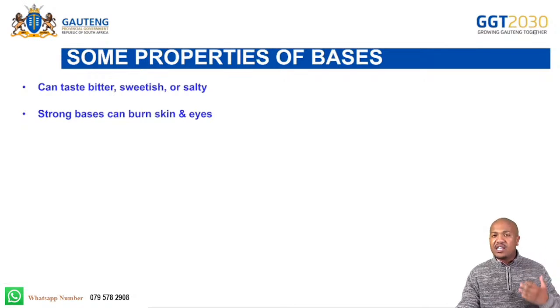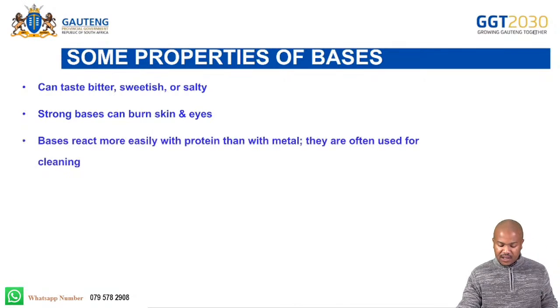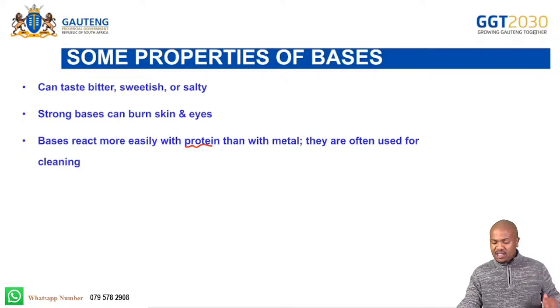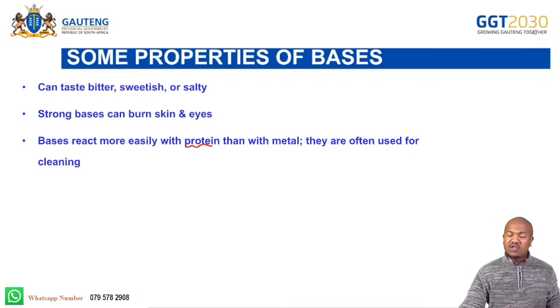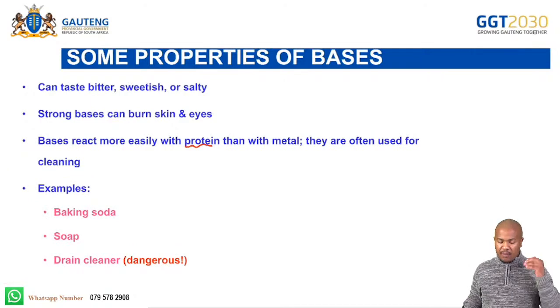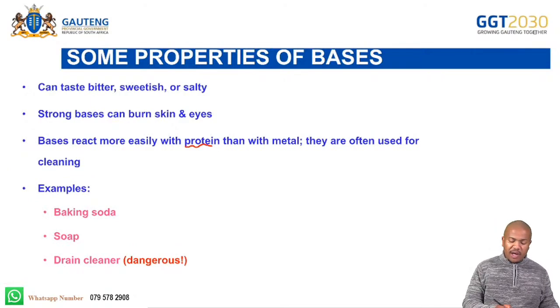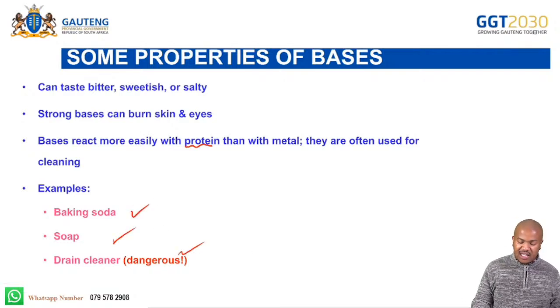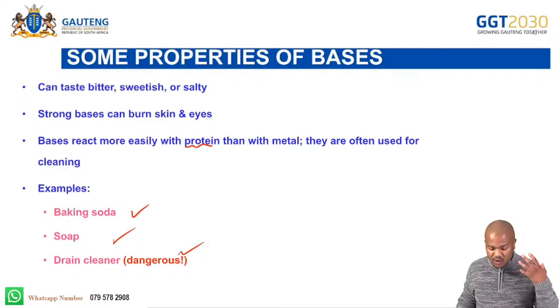They can be dangerous to us as well. Bases react more easily with protein than with metal, and they're often used for cleaning. Most of our cleaning detergents are bases. To mention some examples of bases, we talk about baking soda, soap, and drain cleaner, which is dangerous as well.